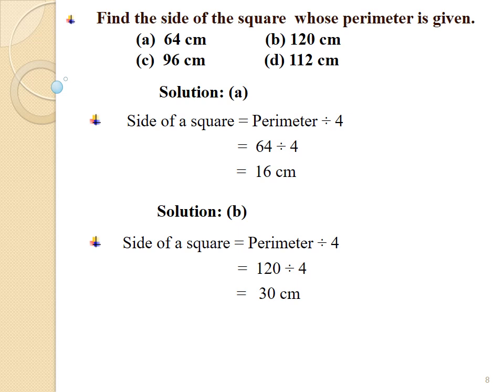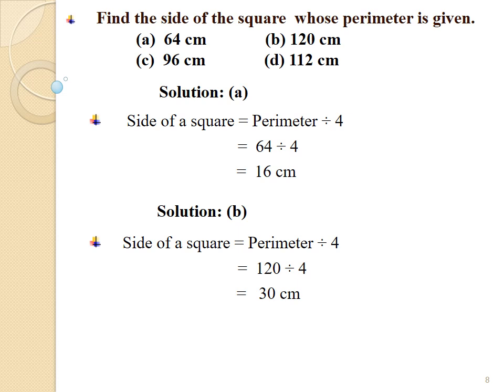Perimeter equals to 64 centimeters. Thus, side of a square equals to perimeter divided by 4 equals to 64 divided by 4. Dividing 64 by 4, we get 16. Thus, side of a square is 16 centimeters.